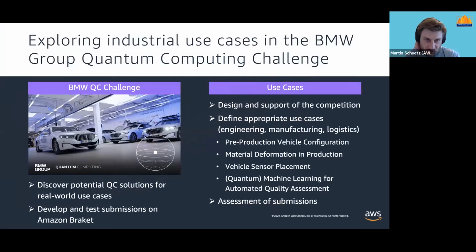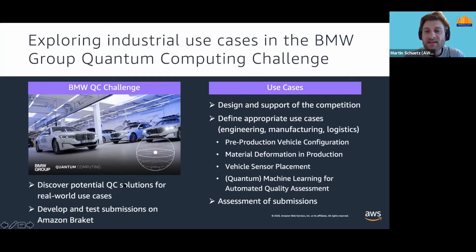Just to illustrate the kind of work that we do with some of our customers in industry, for example, to help BMW identify appropriate use cases within BMW that lend themselves towards quantum or quantum-inspired solution strategies.